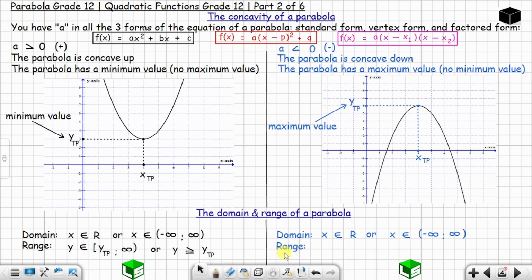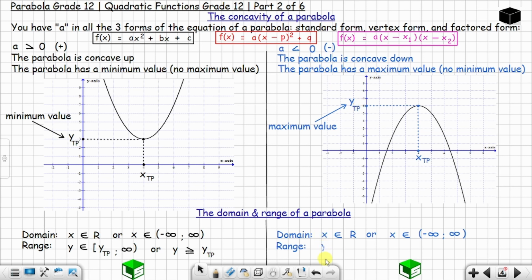Now the range, how to get the range? Remember, the range is always obtained on the y-axis. You take all the values of y that exist for this parabola and you start from the bottom to the top. You can see the parabola is going down, down, and down. It doesn't stop here. So from the bottom, you have negative infinity all the way to that value.